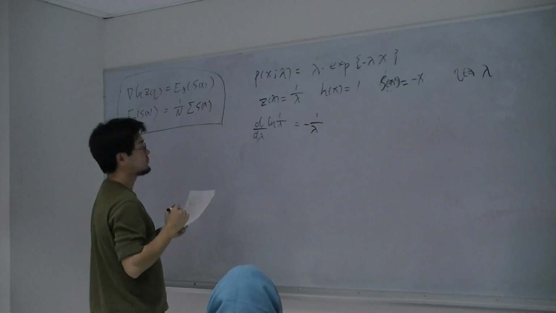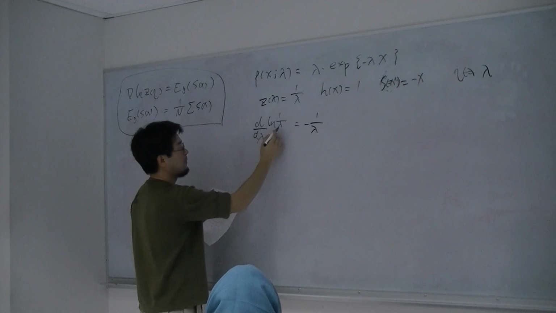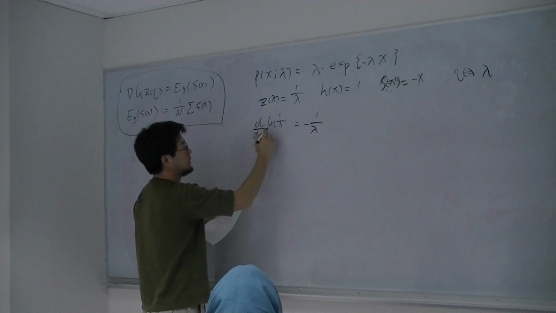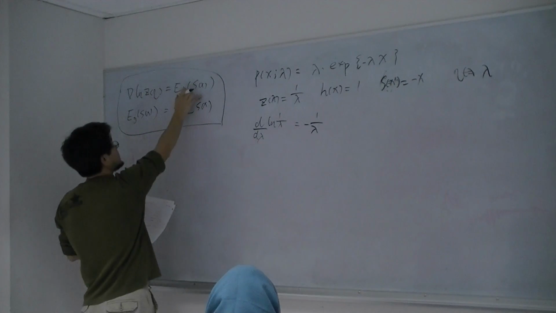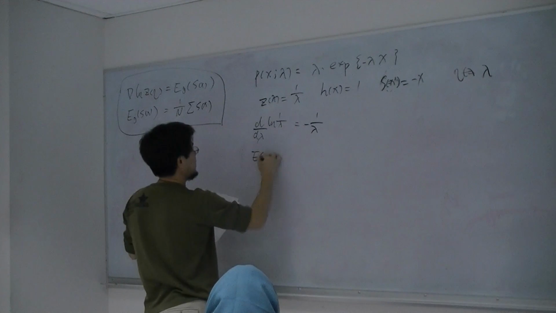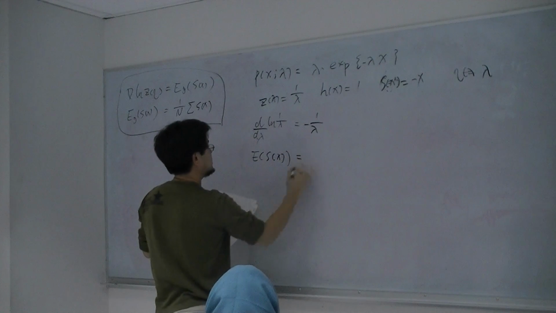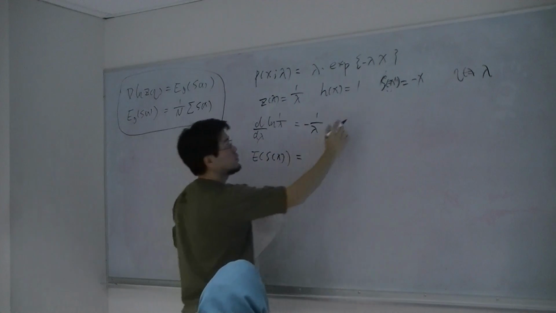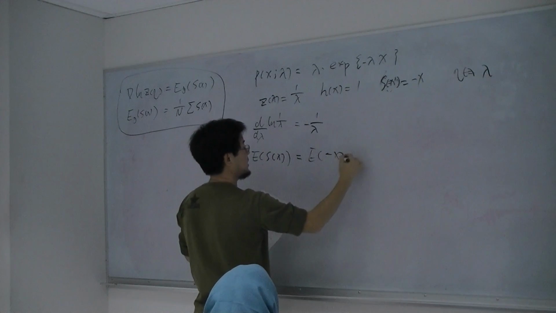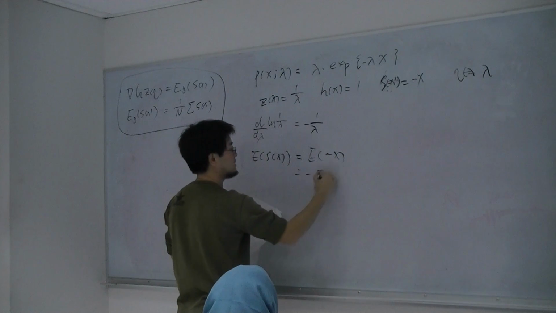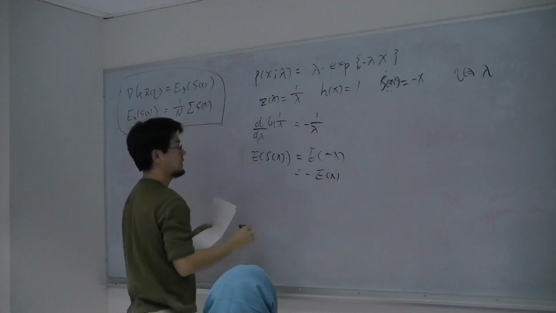And on this side, S(x) is equal to minus x, so the expectation is minus E[x].